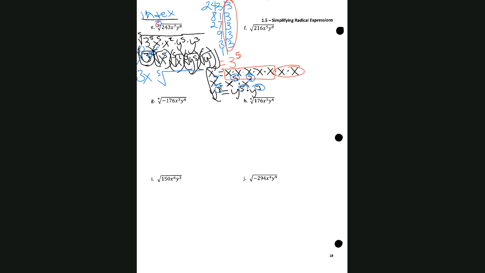And then this x squared will remain inside because we only had 2 of those, and we were not able to make another group of 5. Here we'll have the fifth root of y to the fifth. So that will come outside. And then the y to the third power will remain inside.